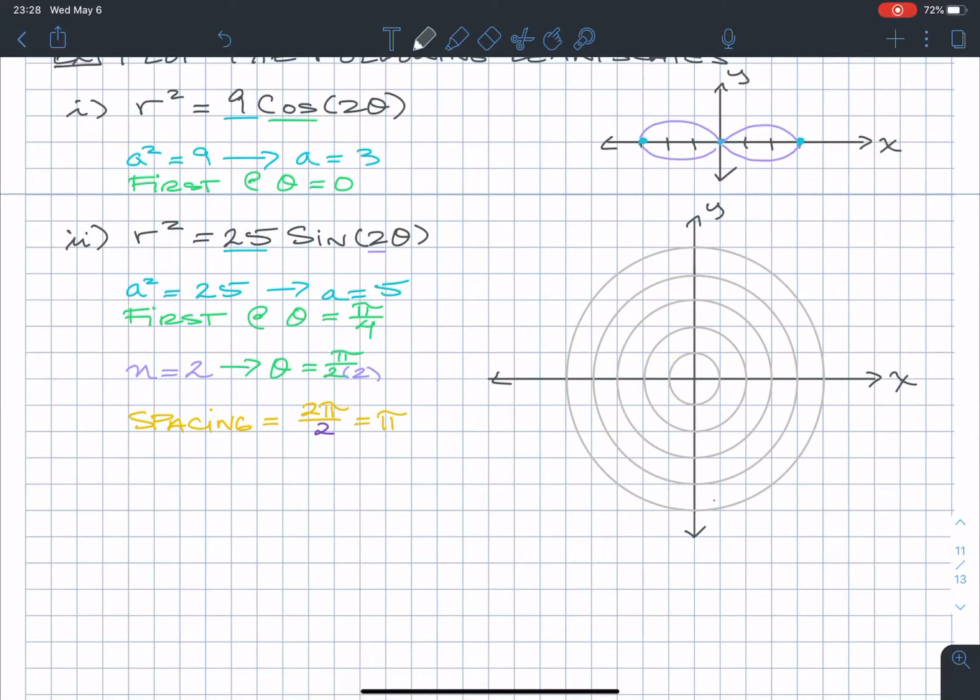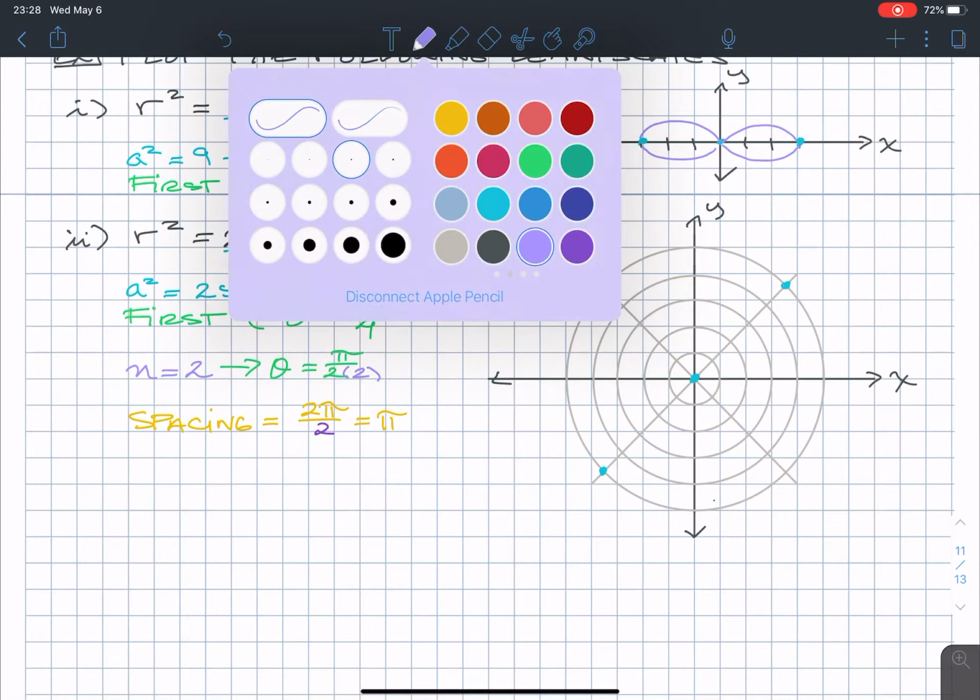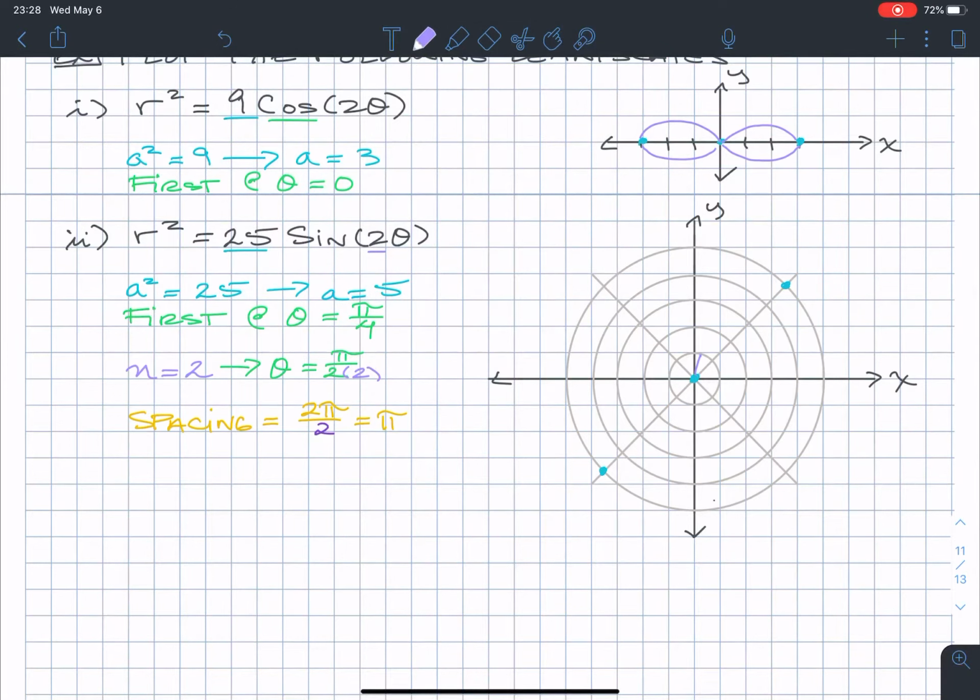Okay. So all I need now, because lemniscates are either along 0 or 45 degrees, is a 45-degree reference angle. Okay, so my lemniscate goes through the pole. This one has a radius of 5, and the petals are 180 degrees apart. So my infinity symbol looks something like so.